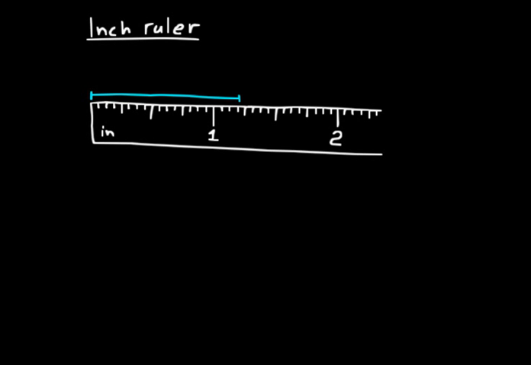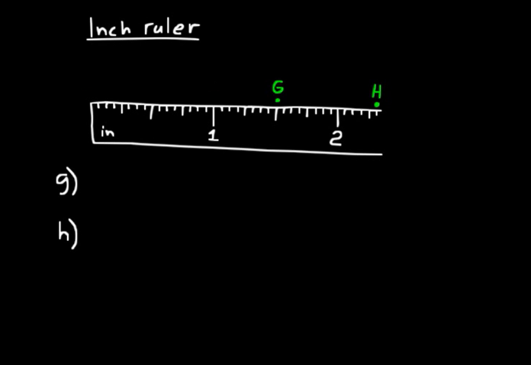So start from the 1 inch, and you'd have 1 and 1/16, 2/16, 3/16. So you'd write this as a mixed number, 1 and 3/16 inches. Remember, we said mixed numbers have a whole number part and then a fraction part as well.